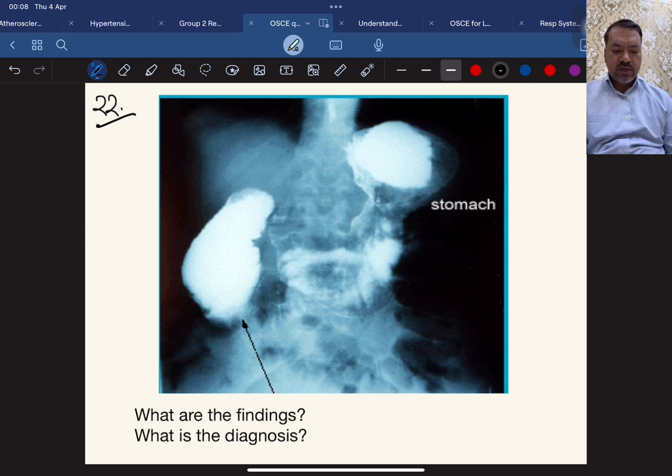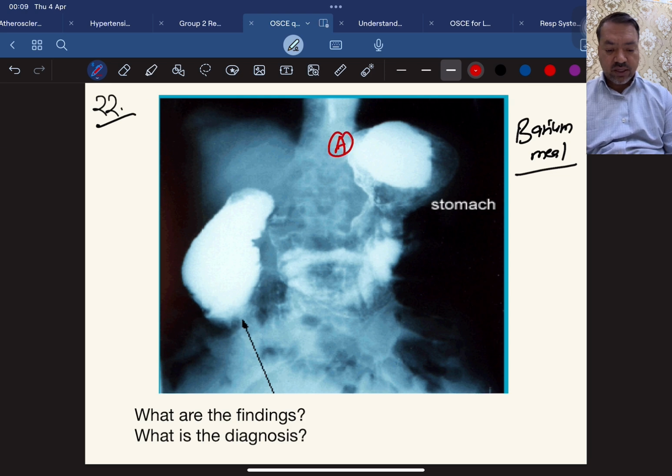See here, this is a barium meal. Now barium meal is showing a typical finding here. The barium is collected in this area. Let's say this is area A, which is the fundus of the stomach, and this is the duodenal cap.